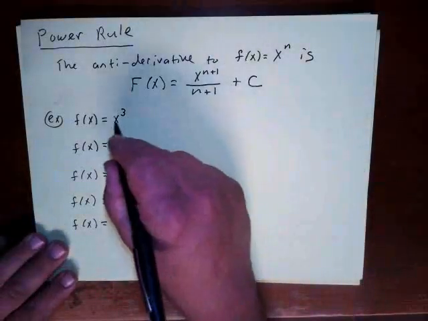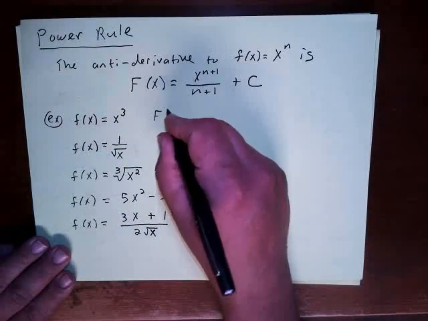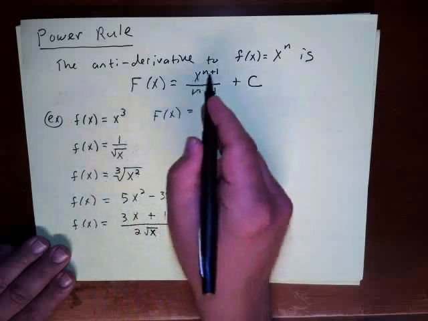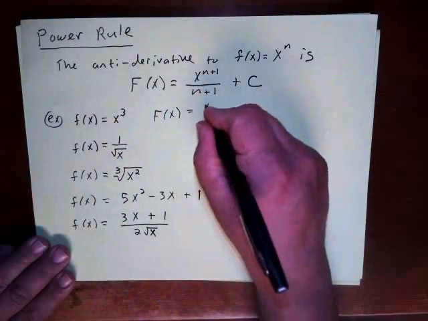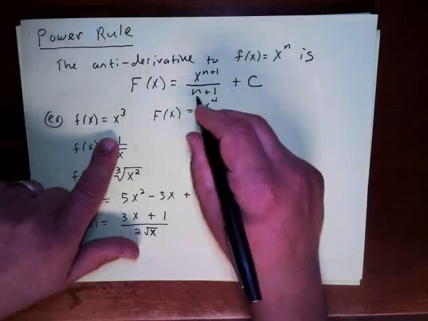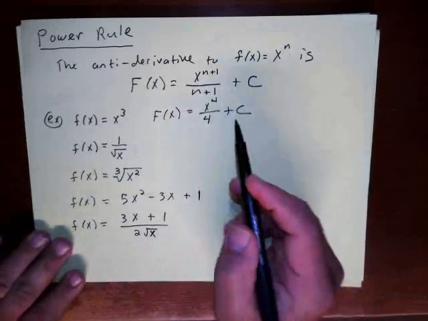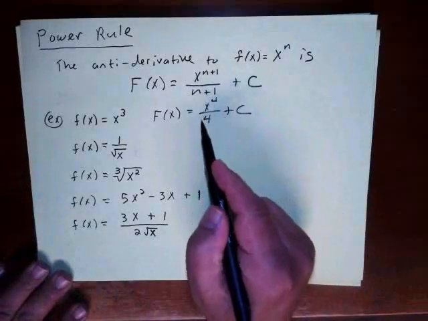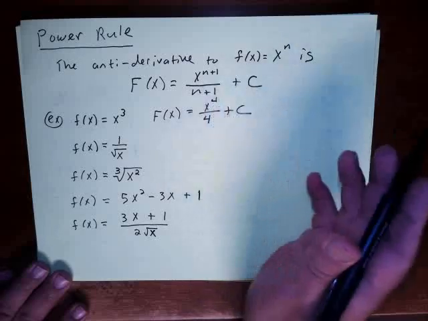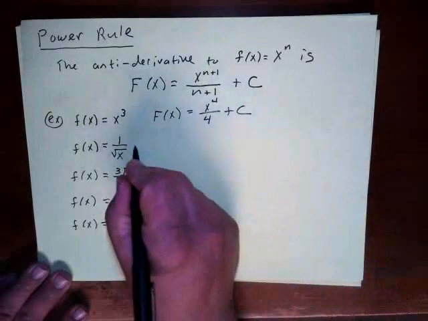Okay, so for this one here, f of x is going to be, the n is 3, so this will be x to the 3 plus 1, which is 4, over n plus 1, over 4, plus c. So now if you take this derivative, you bring down the 4, the 4s cancel out, subtract 1 from the exponent, and the c goes away, and you get x cubed.